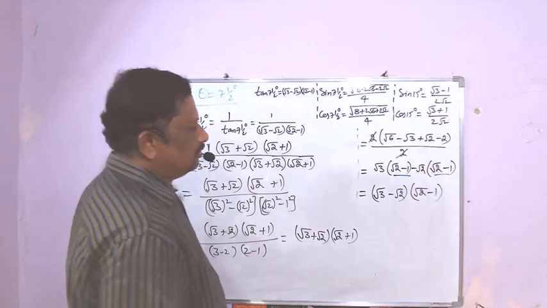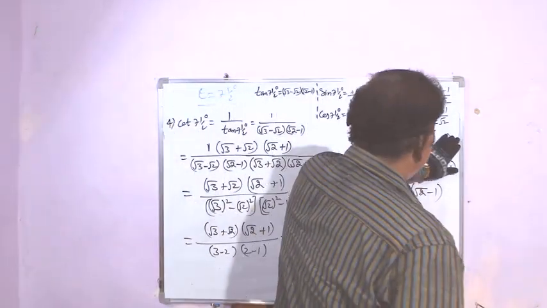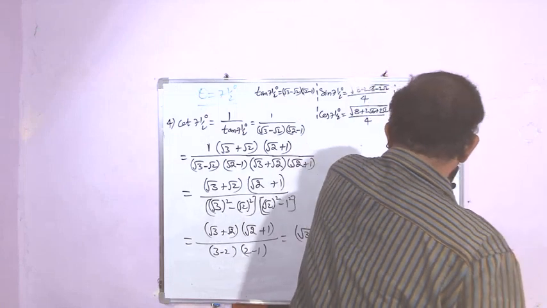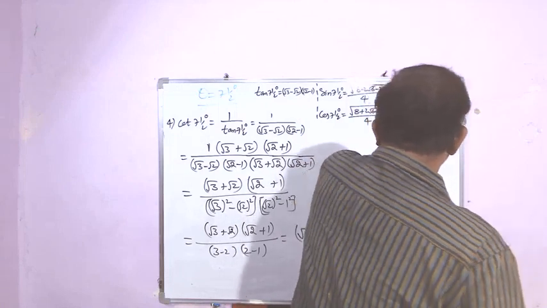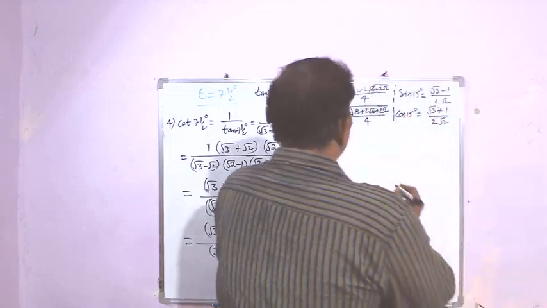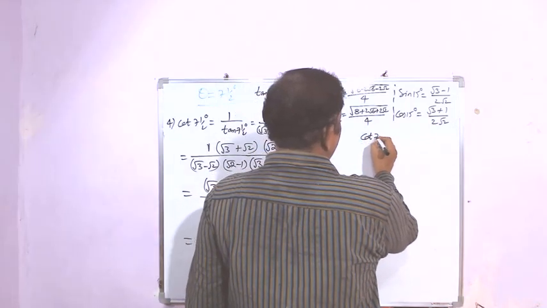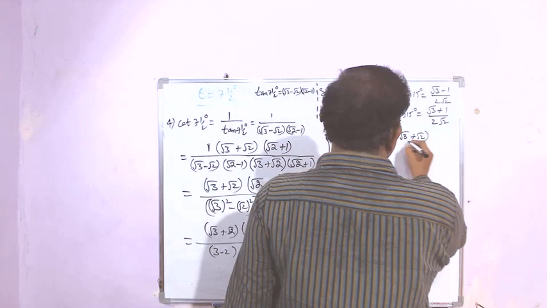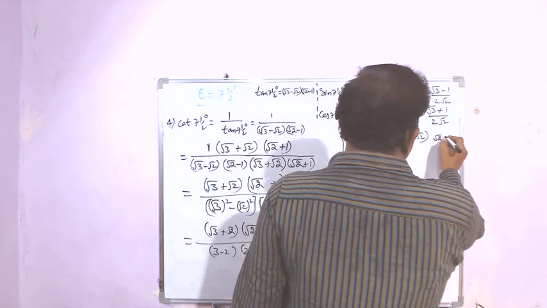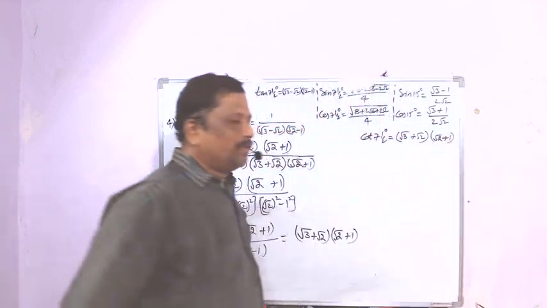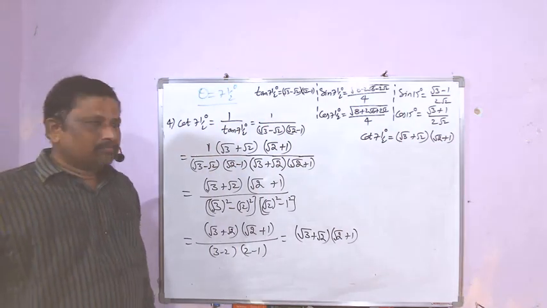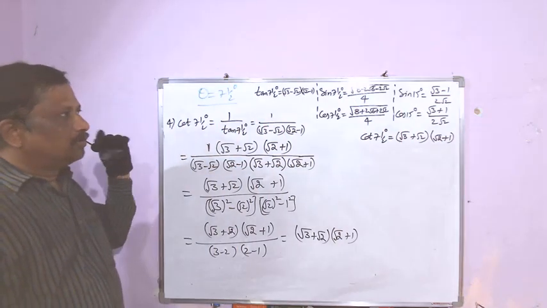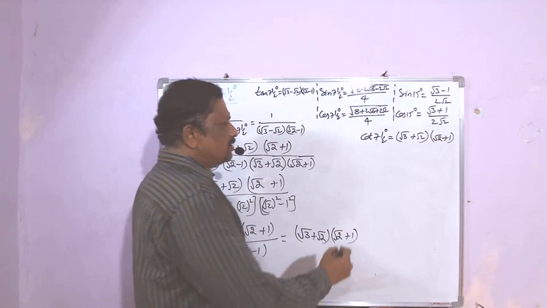So therefore, tan 7.5 degrees and cot 7.5 degrees we finished. So cot 7.5 degrees, what you get here? Root 3 plus root 2 into root 2 plus 1. Okay. Next, 90 minus 7.5 degrees.